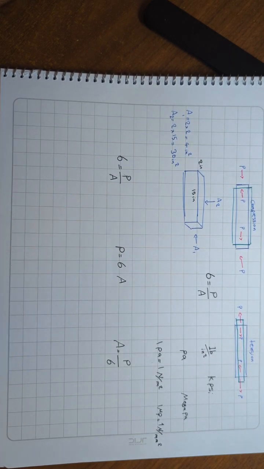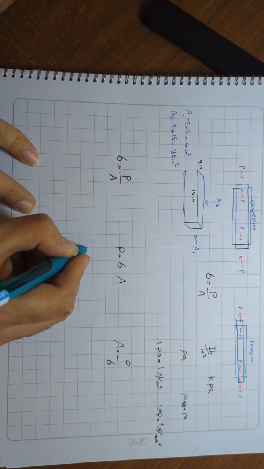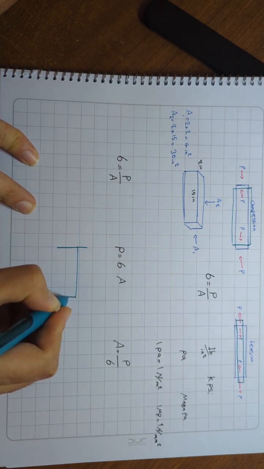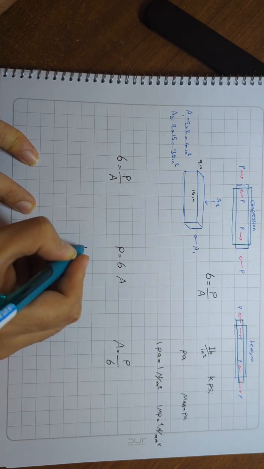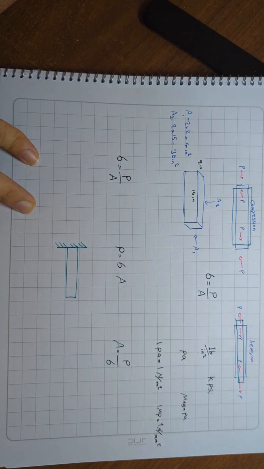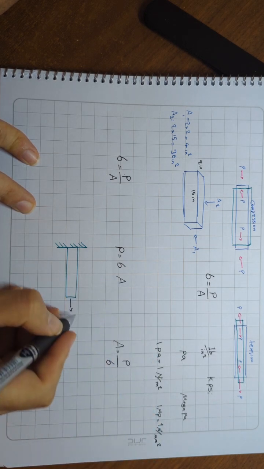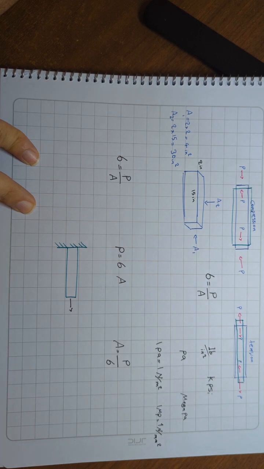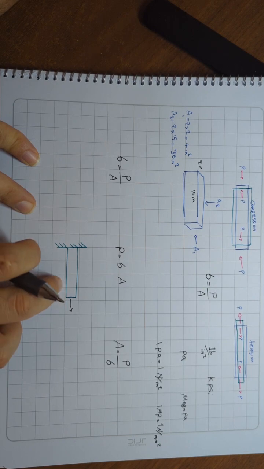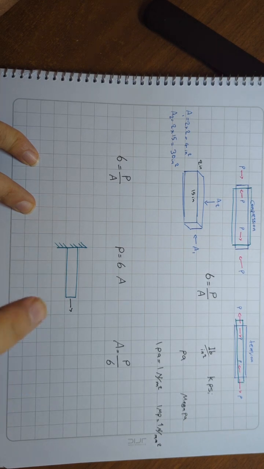Okay, for example, I have a beam which is stuck on the wall on the one side. And I am trying to put a force on this beam alongside this beam. So I want to know how much pressure I can put on this beam so that it doesn't break.